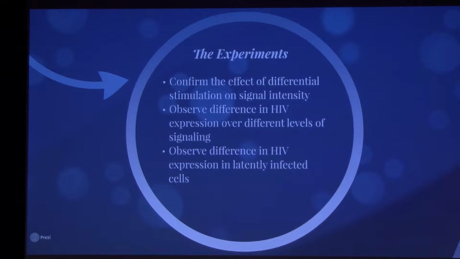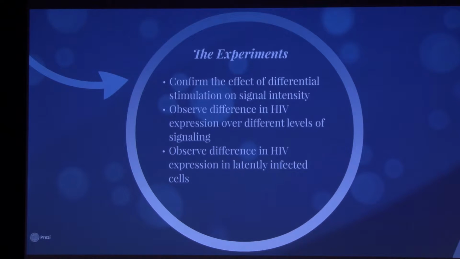So for our experiments, we wanted to first confirm that a stronger stimulus on a T cell will actually produce a stronger signal within the T cell. And then we wanted to look at two different populations of cells: one that's strongly stimulated and one that has signaling that's a bit weaker. We want to look at whether there is a different number of cells infected between these two populations, and whether one of these populations is producing more HIV than the other.